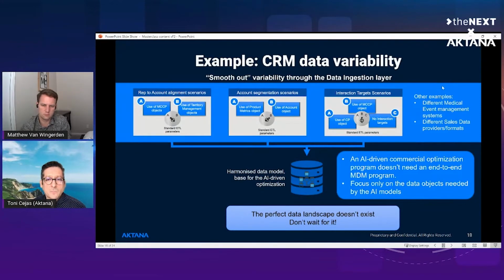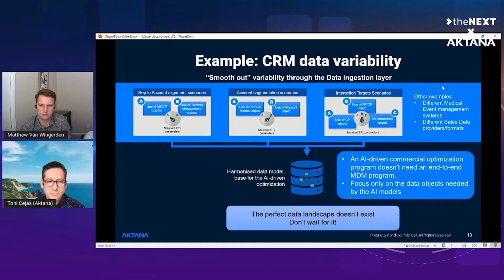And these are some examples of the ETL process that we developed at Aktana that uses this philosophy. And these are some examples of these common patterns or common ways to do things in your CRM. For instance, when it comes to storing rep to account alignment scenarios.